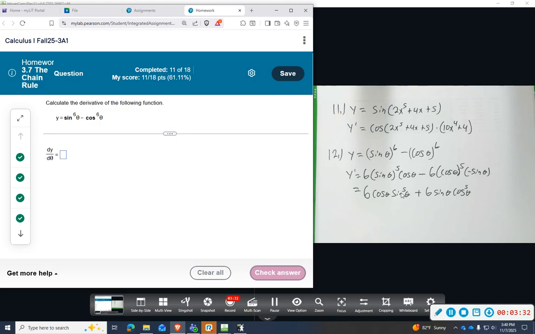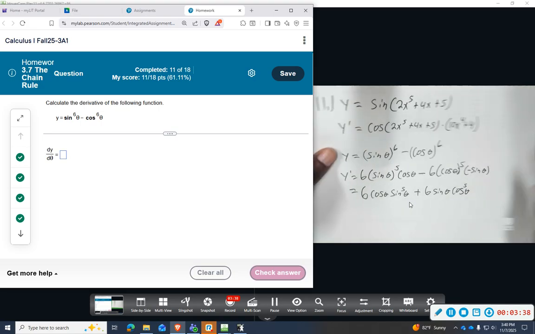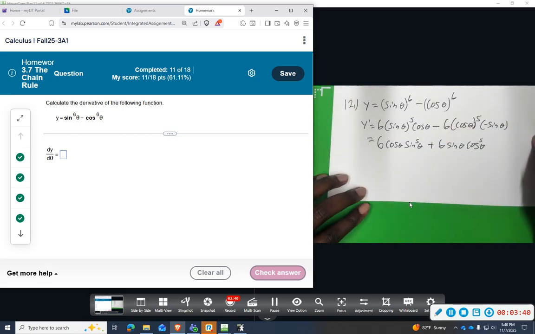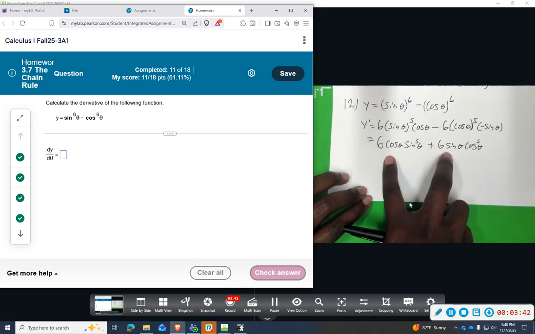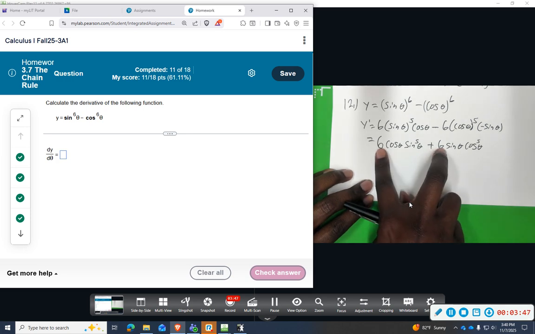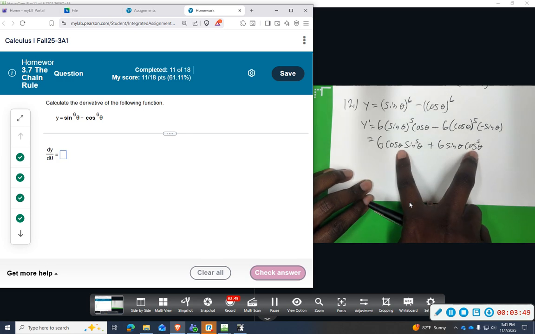Let me see if I look at that. Yeah, we could probably simplify that quite a bit. If we were to simplify this all the way down, we could factor out a 6. Both of them have cosine and sine.